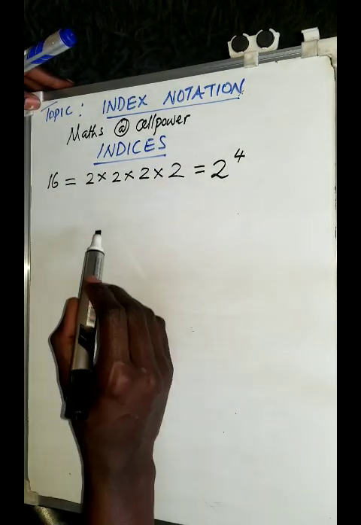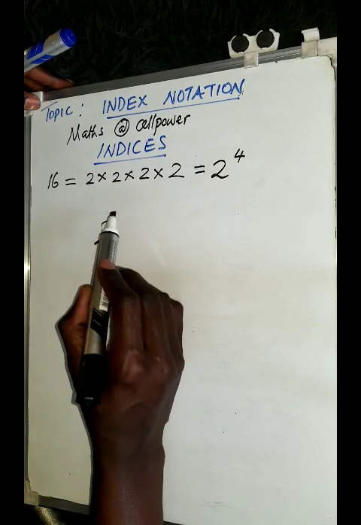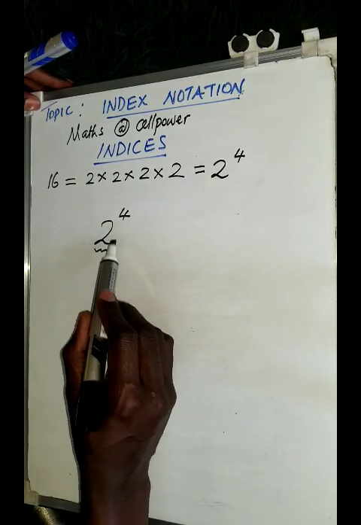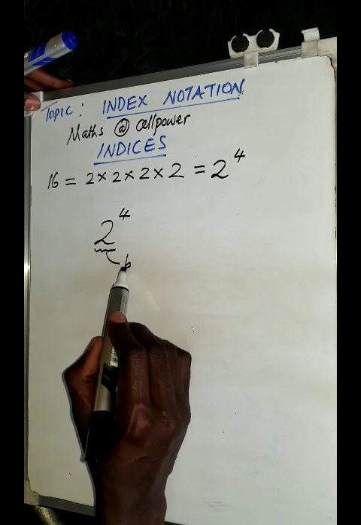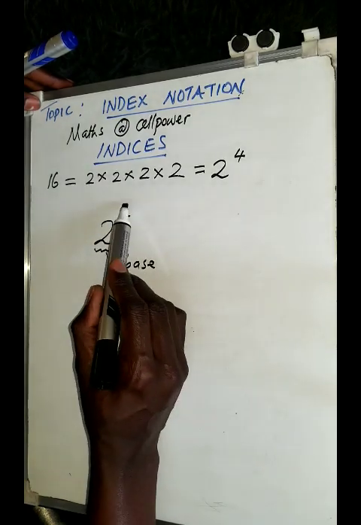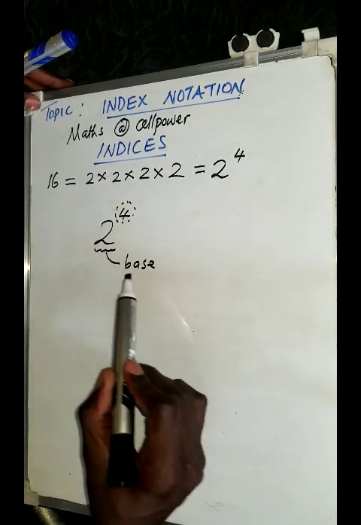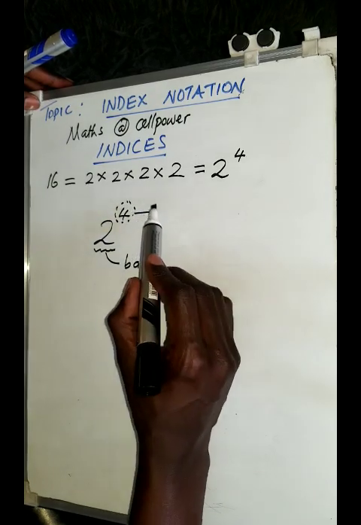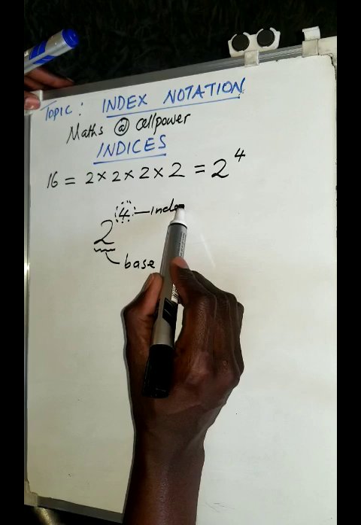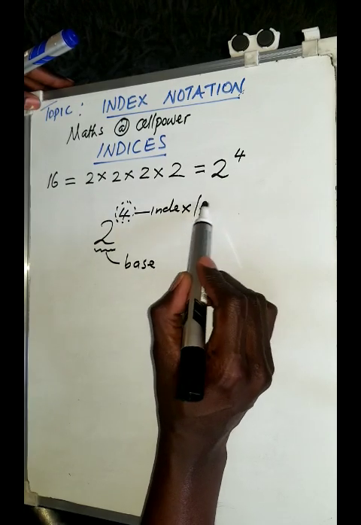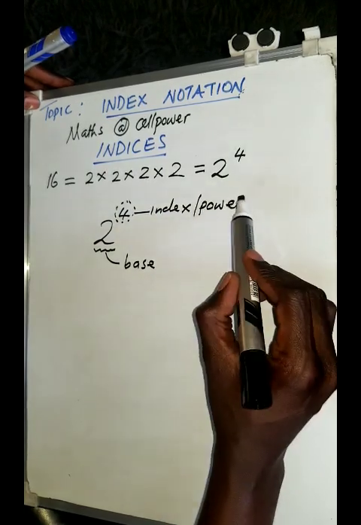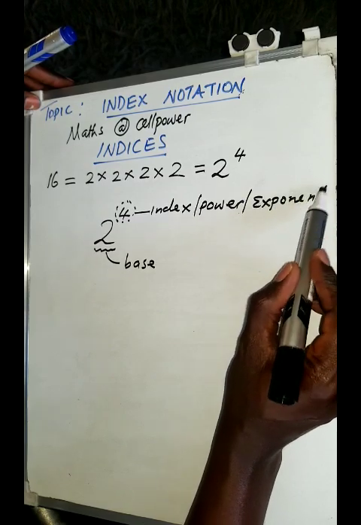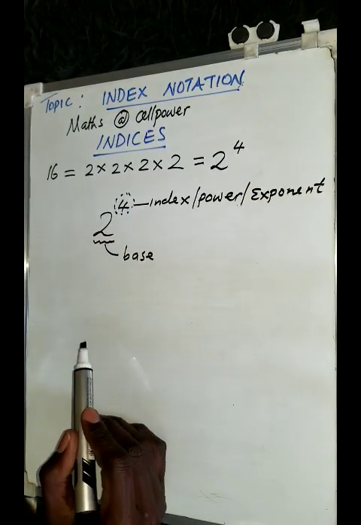When a number is written as 2 raised to the power 4, the number at the bottom is called the base, and the base is raised to a number. That number to which it is raised is sometimes called the index, sometimes the power, or an exponent. So that is what you need to remember.